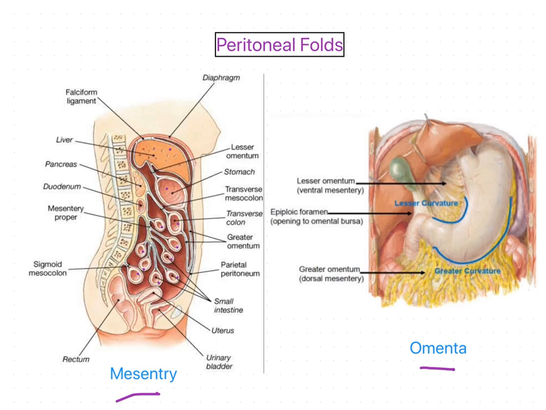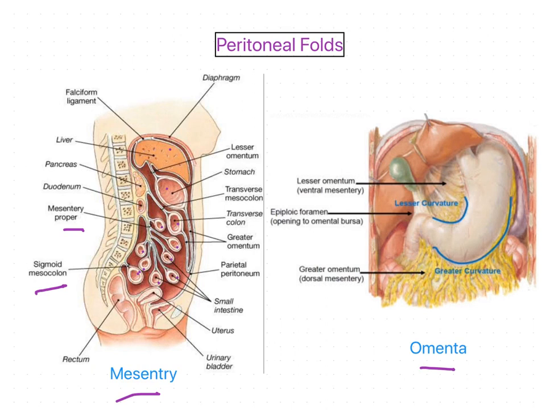If the fold suspends the colon, it is given the name mesocolon. Mesentery proper is nothing but the folds which cover the small intestine. We can study all these things in detail when we deal with the intestine separately. And this is about the mesentery.